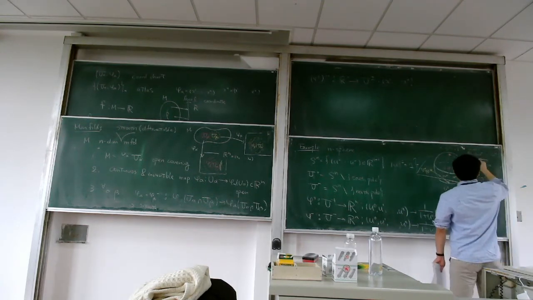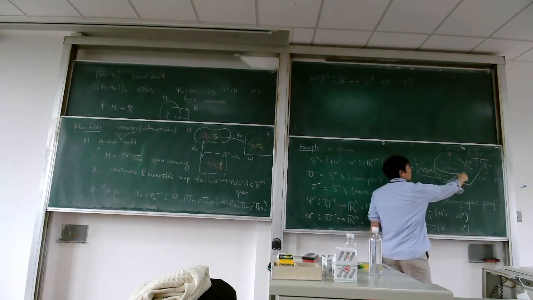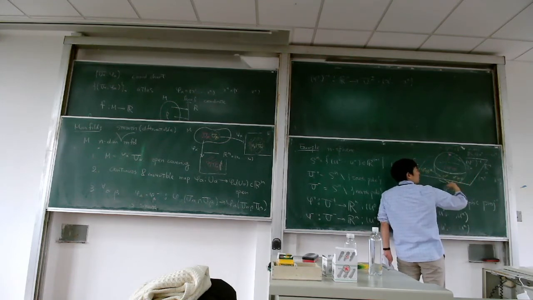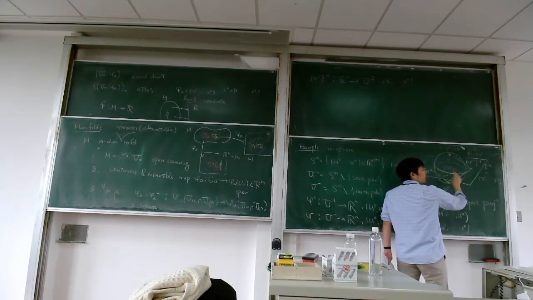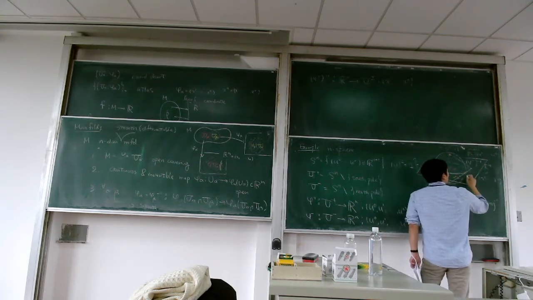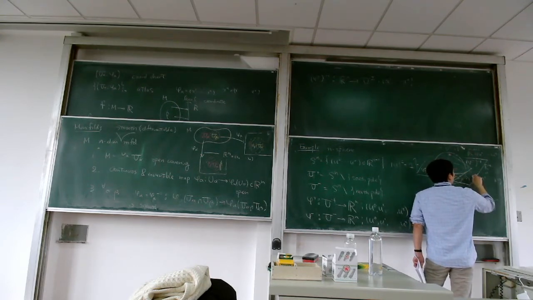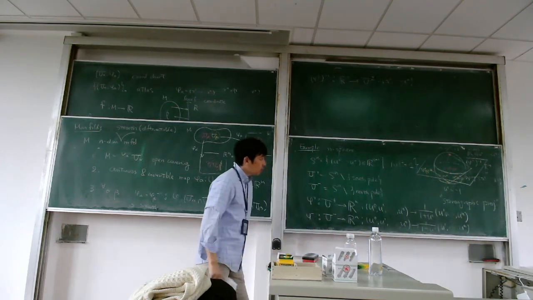Do the same exercise: connect this point with the south pole, and you hit some point here. This point is mapped to this point. That is phi plus inverse.